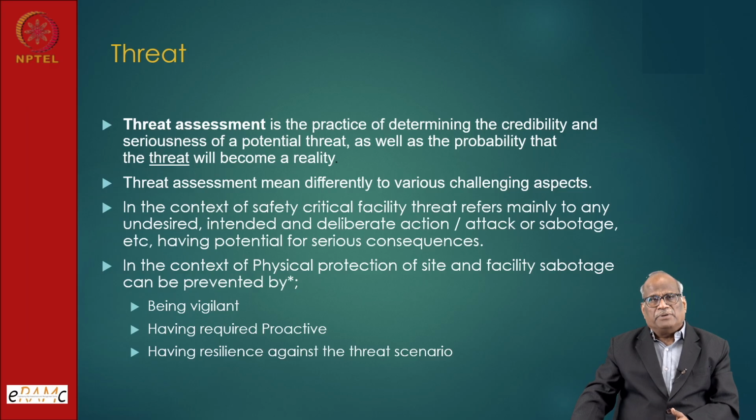I will repeat again, these threats are intended acts, sabotage, and deliberate attempts to harm a particular entity, nation or asset. In the context of threat, three salient and important features are needed, because the human factor is a very important part of the physical protection system. So, being vigilant.